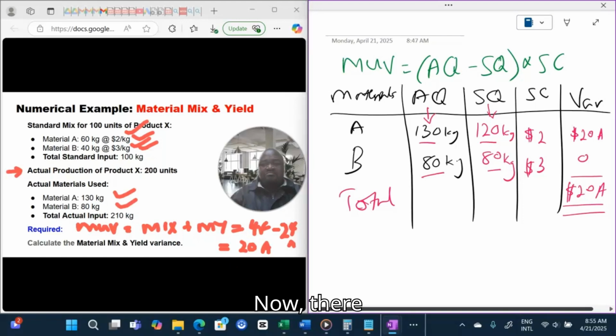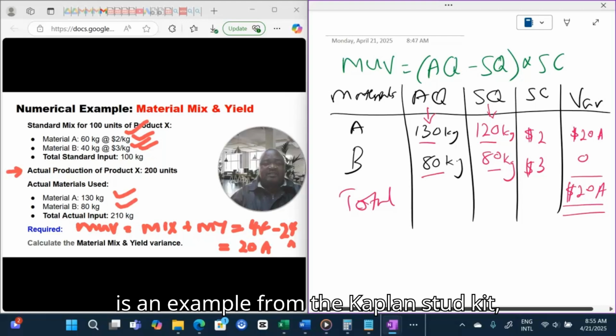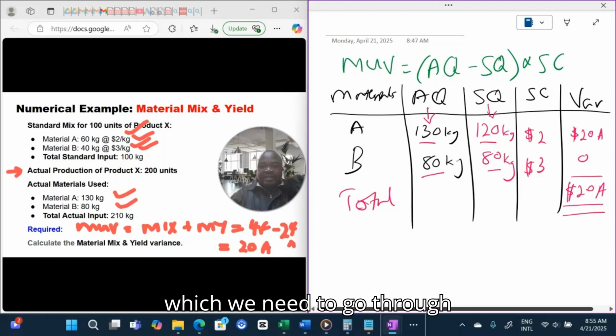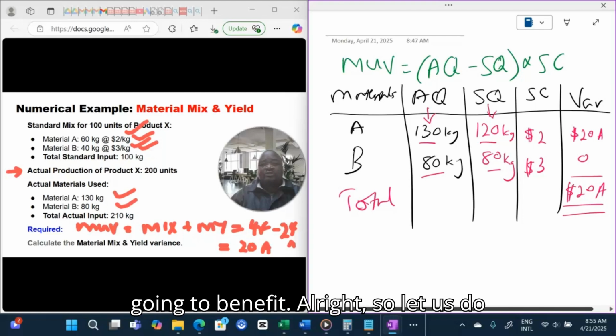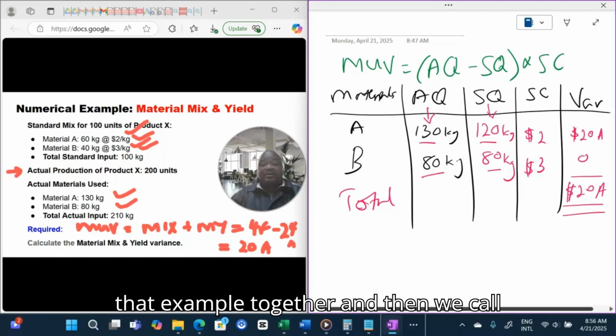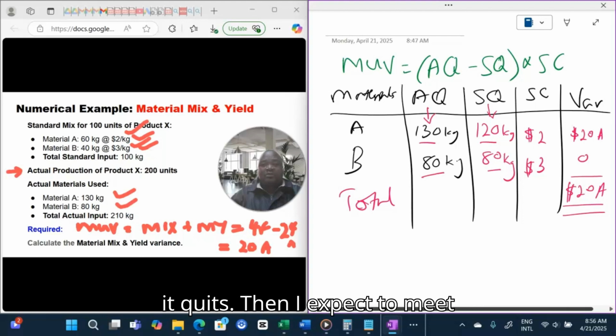Now, there is an example from the Kaplan study kit, which we need to go through together, where we calculated the materials yield variance. And I feel that if we use the table way of doing things, you are also going to benefit. So let us do that example together, and then we call it quits.